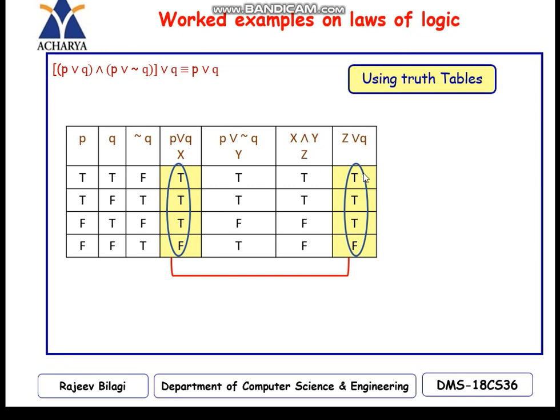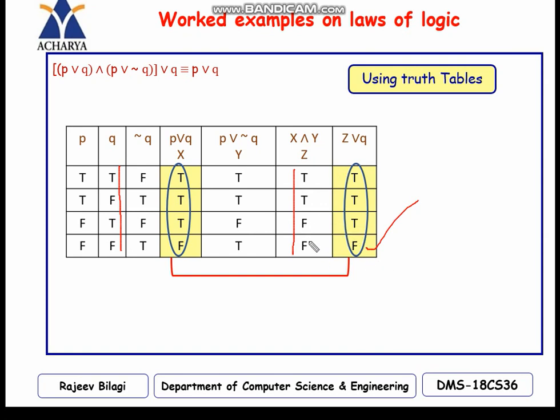The last is the OR with Q. Z or Q: Z is here T, T, F, F, and Q is T, F, T, T. For this OR operator, the last value will be F, otherwise all values are true.